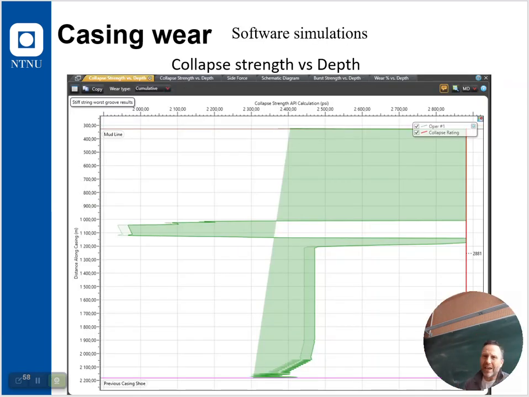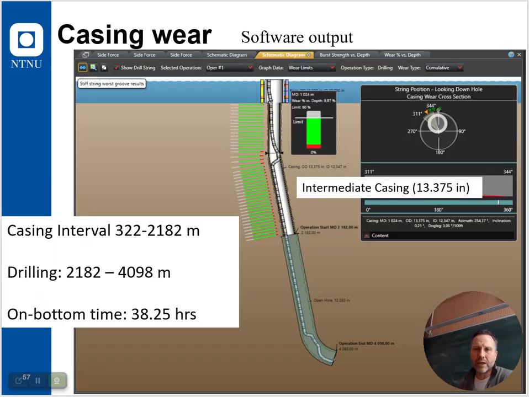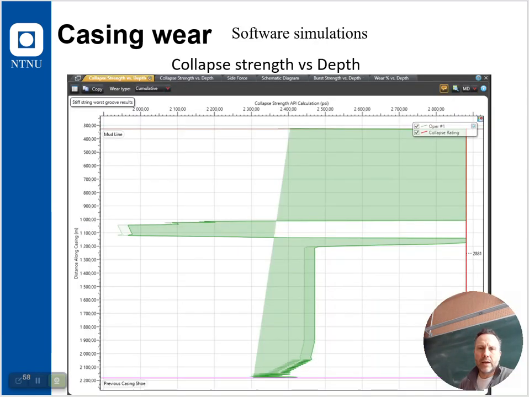The way it tells you collapse strength versus depth in the well, where there's a dog leg at around 1100 meters. I guess here you see the kickoff point. You see that the graph goes like this and then goes down, and here is the collapse strength at its lowest.